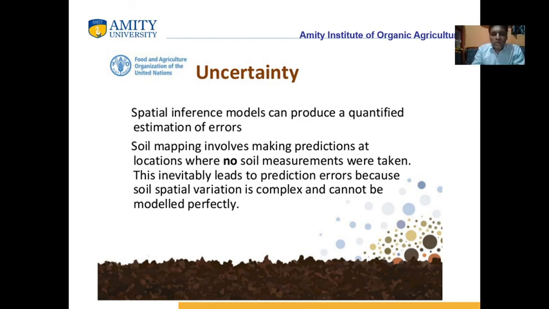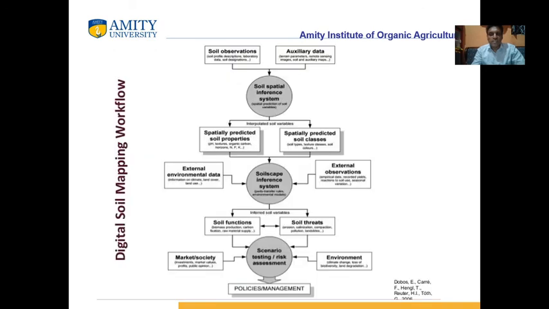Uncertainty arises because of those data where samples are not taken, so only predictions are made. So there is also error in the experiment. They are called uncertainty.